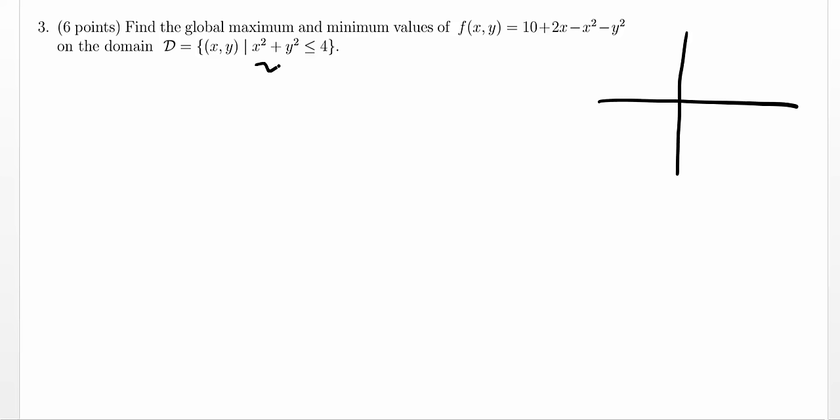You should recognize this as the equation for a circle of radius 2. Okay, and this means all the points on the boundary and inside the circle can be considered.